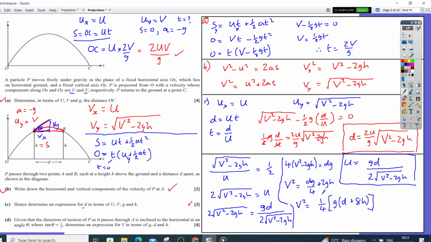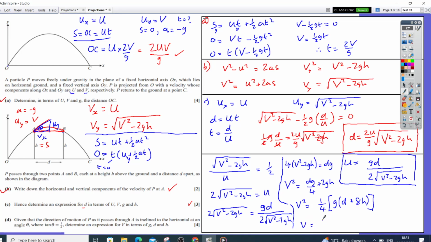So let's just think about this. We took a quarter out, and we took the g out there. So by taking a quarter out, a quarter times 8 is going to give me 2, times g and h is going to give me back that 2gh, and we've got a quarter of dg. Excellent. So now if we want v, we just square root everything on the right.